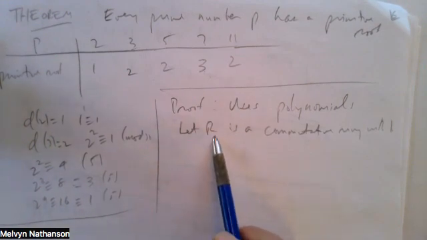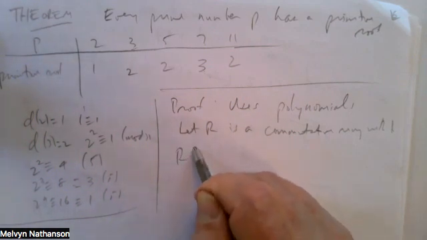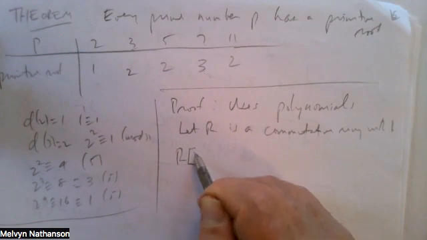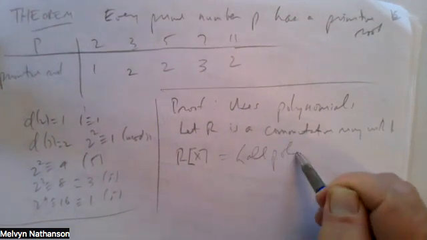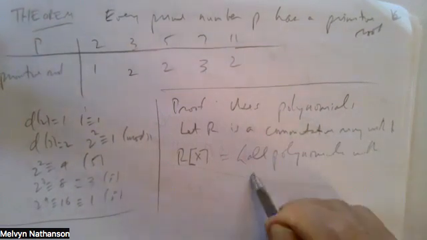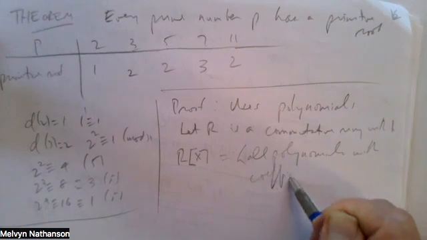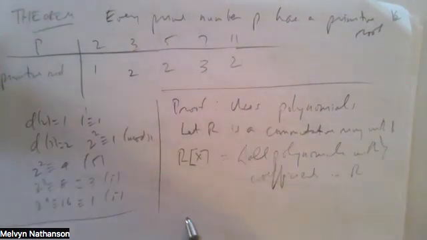This could be the integers, the rational numbers, the real numbers, the complex numbers. And R[x] is the set of all polynomials whose coefficients are in the ring R.